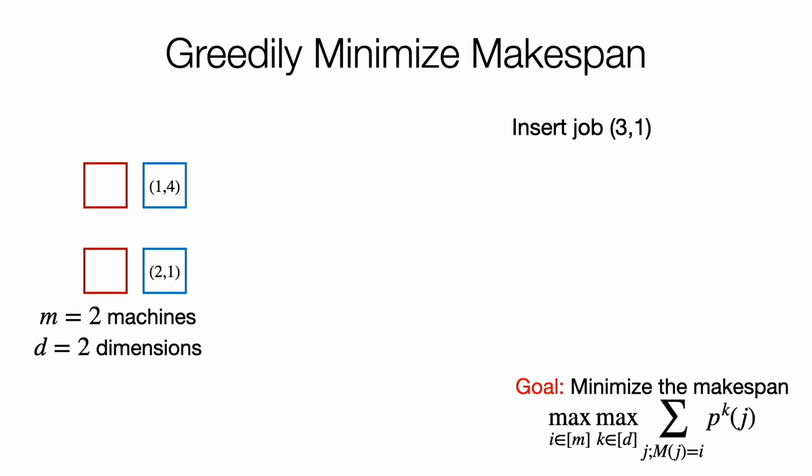If we want to insert job (3, 1), it doesn't matter which machine we send it to because the makespan is going to be 5 either way, and we're going to send it to the second machine. Finally, let's say we're given job (7, 7), and this job will be inserted to the first machine because this has a lesser makespan.